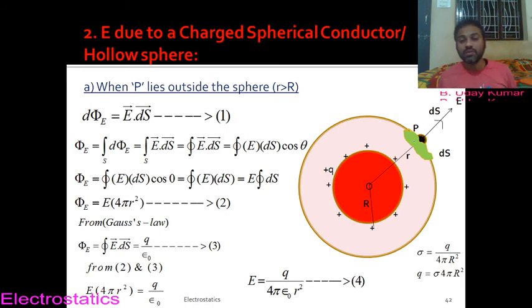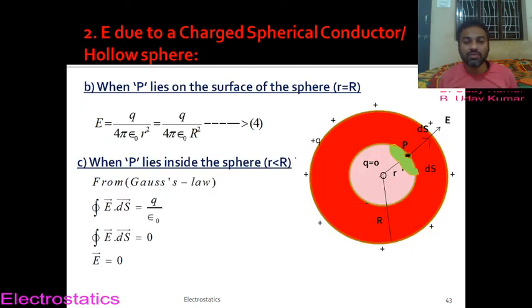Is that clear? And the sphere which is shown in light pink color is the Gaussian sphere. This Gaussian sphere is the one which helps us to find the electric field intensity at a particular point. Where you want to find the electric field intensity, even at that point only this Gaussian sphere will be there.